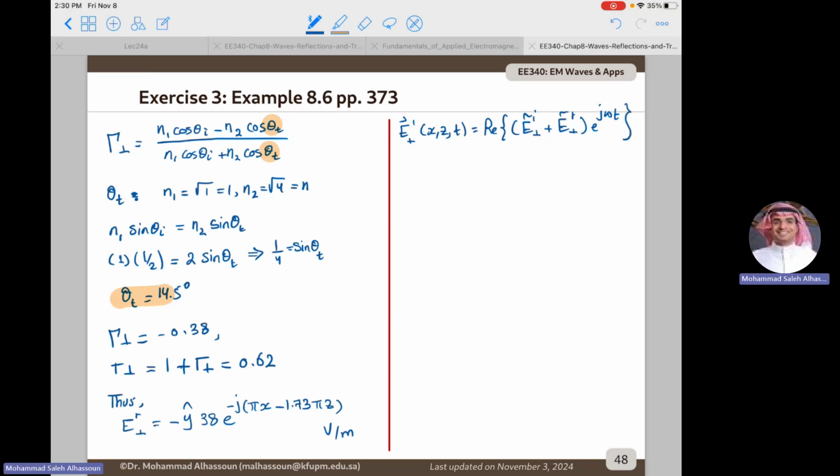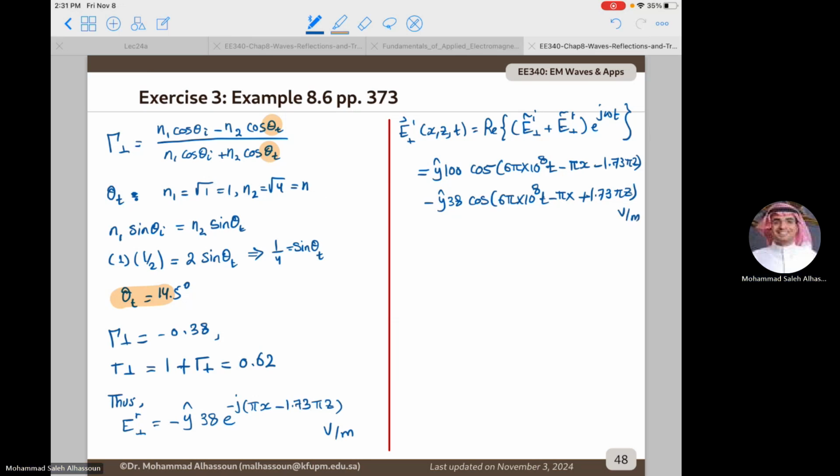And if you do that, you will end up with 100 cosine of 6 pi times 10 to the power 8 t minus pi x minus 1.73 pi z, minus 38 cosine of 6 pi times 10 to the power 8 t minus pi x plus 1.73 pi z. The unit is volt per meter.